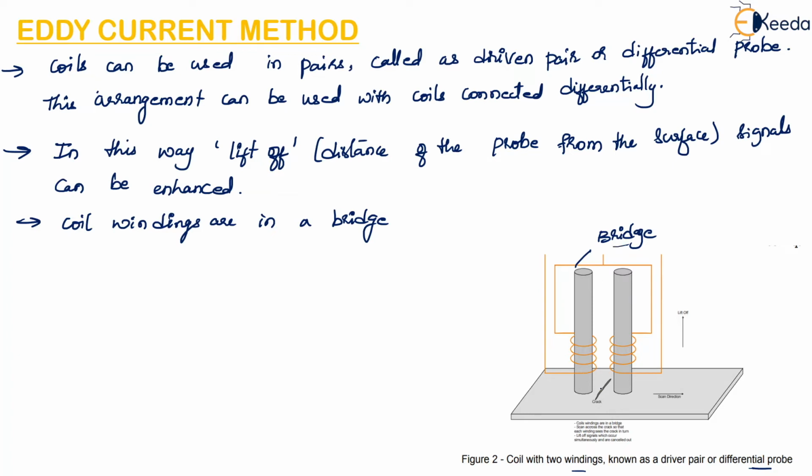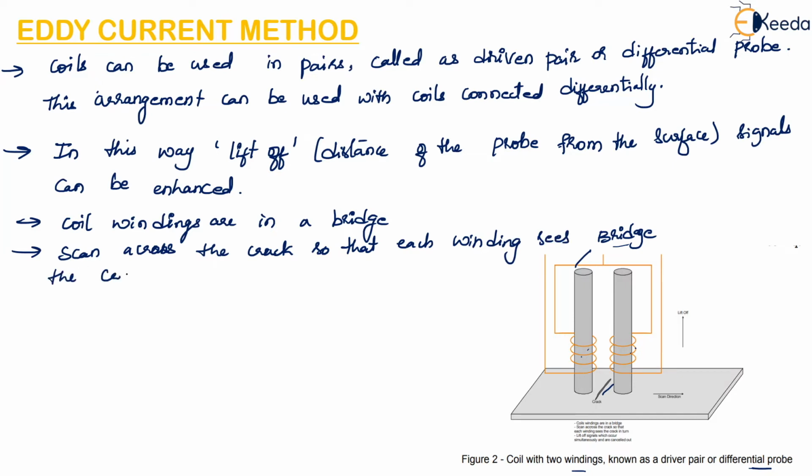So if there is a crack here, then this crack will be scanned by both the windings.